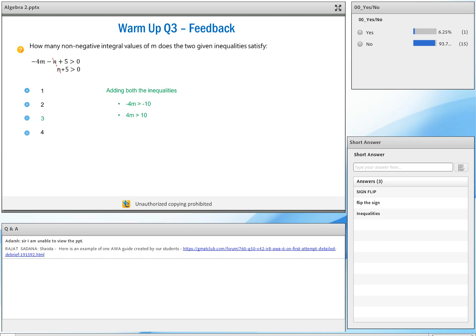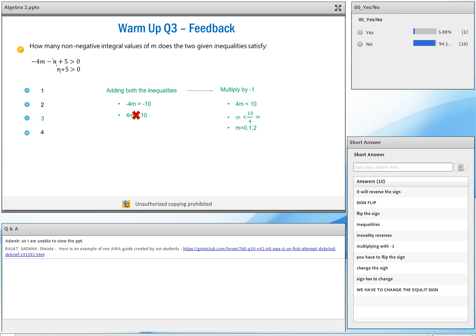Because I'm dealing with inequalities, which means I need to flip the sign, right? Whenever I multiply both sides of an inequality by minus 1, I need to flip the sign of the inequality. So I'm multiplying both sides by minus 1, so I'm going to flip the sign, and it is going to be 4m is less than 10, which means m is less than 10 by 4.